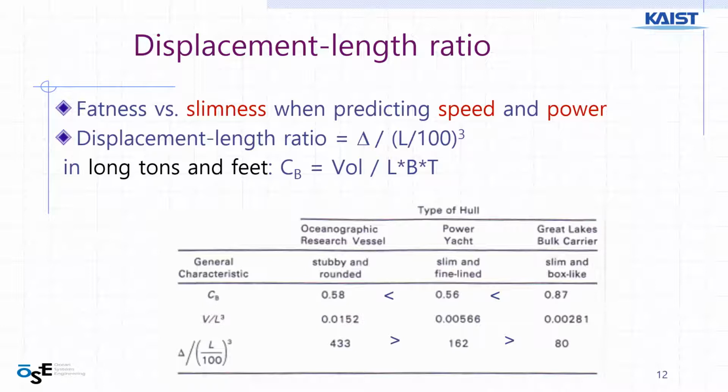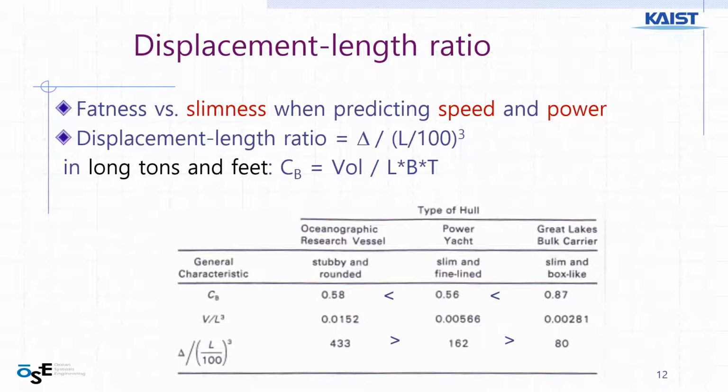Long ton is weight, not volume. And they use the length multiplied 3 times instead of L, B, T multiplied. So unit-wise it is almost the same, but a little bit different. In the old days, before CB was developed, CB is a non-dimensional number, but the displacement length ratio is dimensional. But anyway, they used it in the old days as a designer.